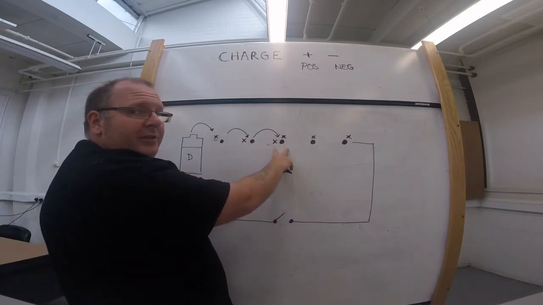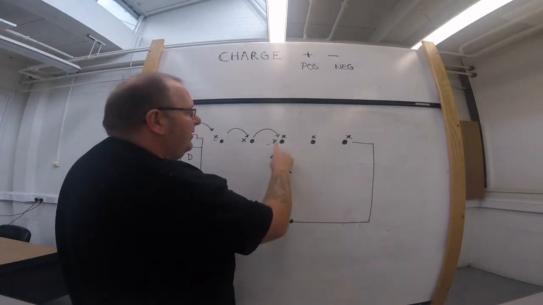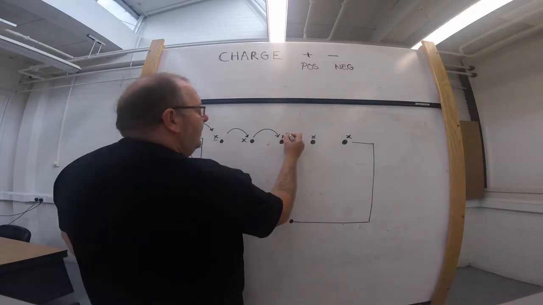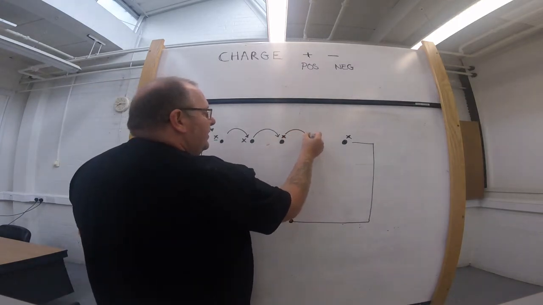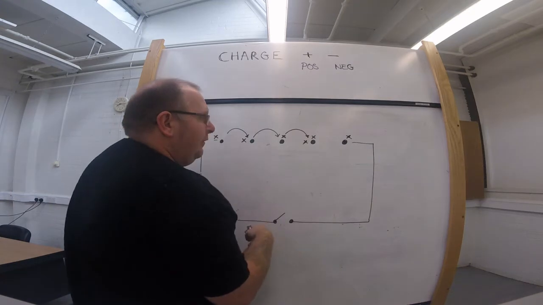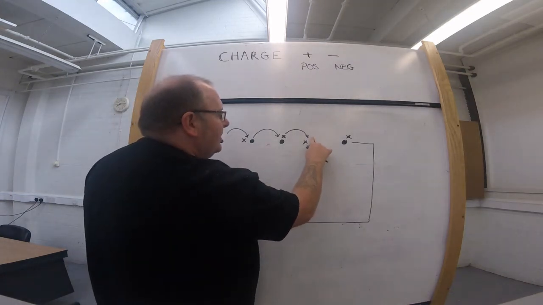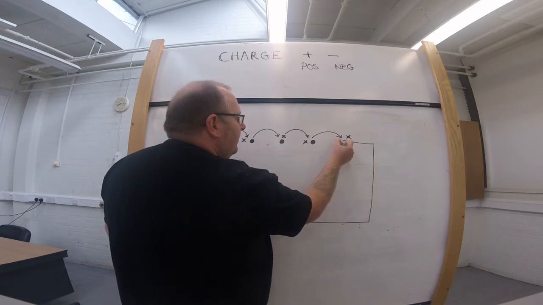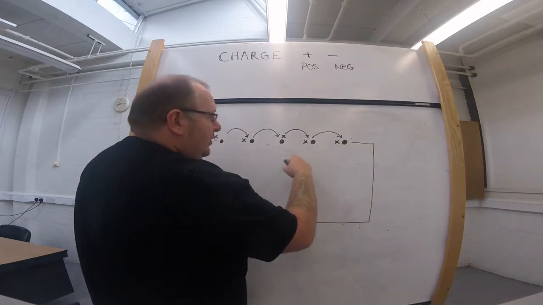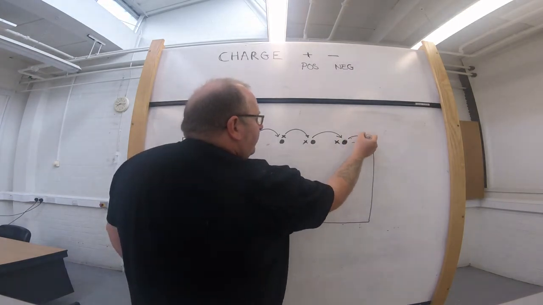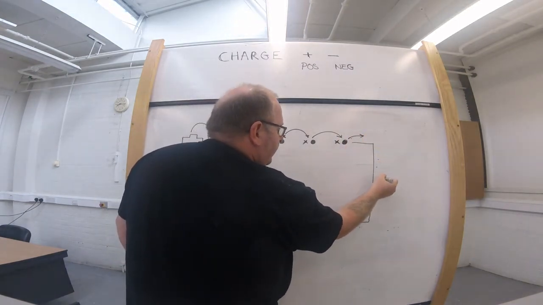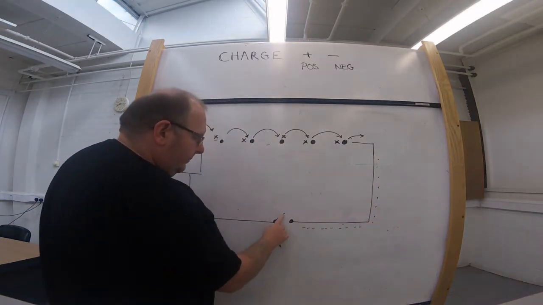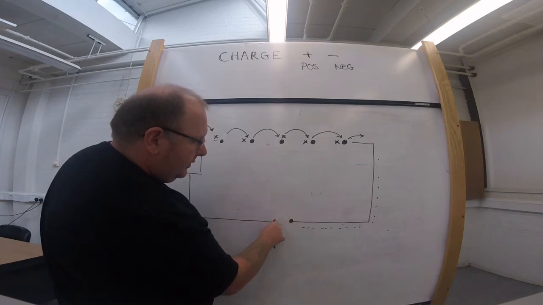The problem has shifted across here, and this will continue to perpetuate across the length of that material. It gives up its electron to the next one, forcing that atom to give up its electron to the next one. And so, this electron spots itself all the way around the circuit, only when the circuit's closed.